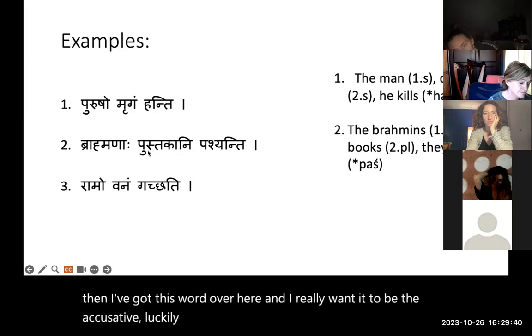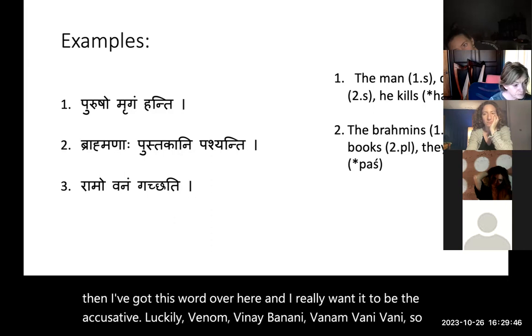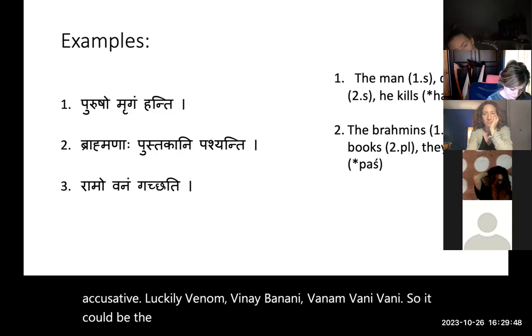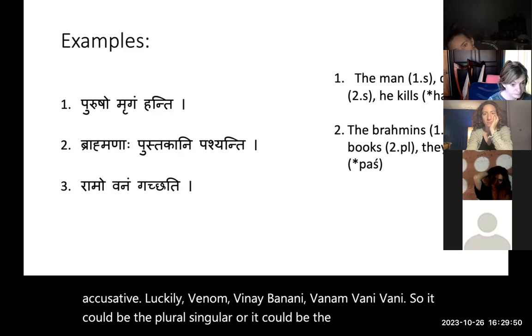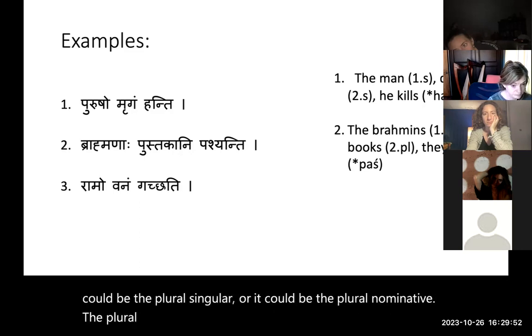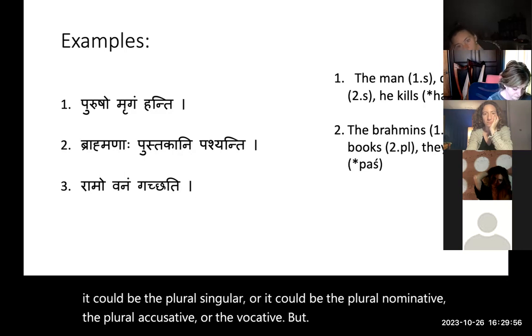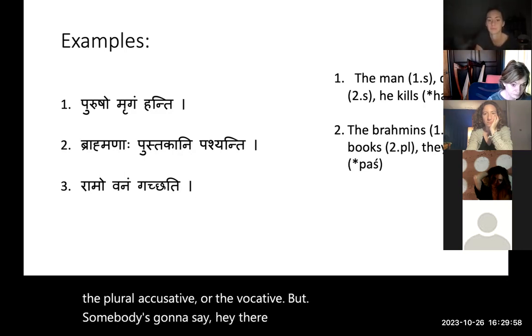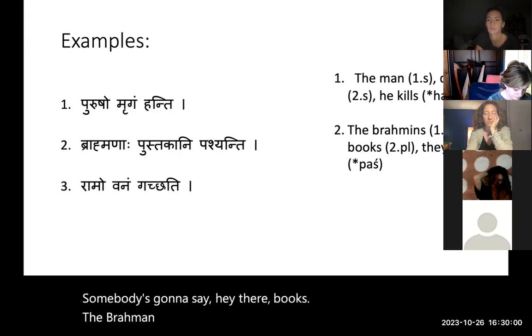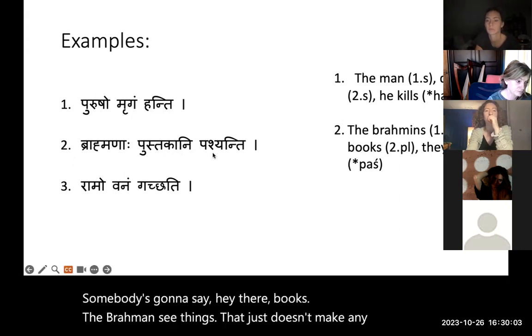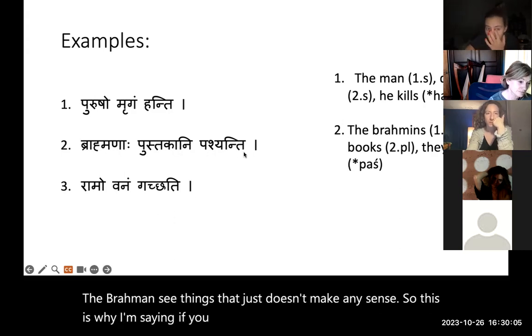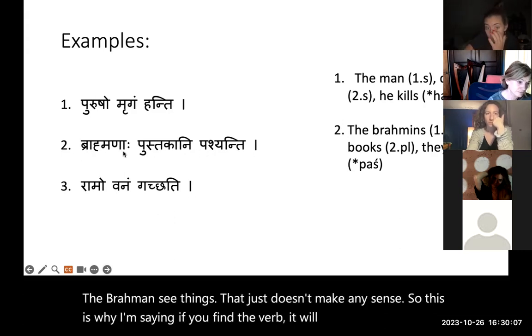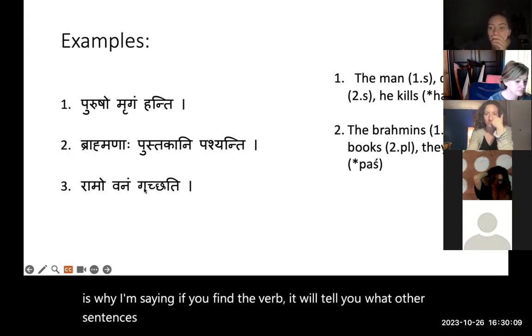Luckily, vanam, vane, vanani. It could be the plural nominative, the plural accusative, or the vocative. But nobody's going to say, hey there, books. The Brahmins see things. That just doesn't make any sense. So this is why I'm saying if you find the verb, it will tell you what the other words are doing.